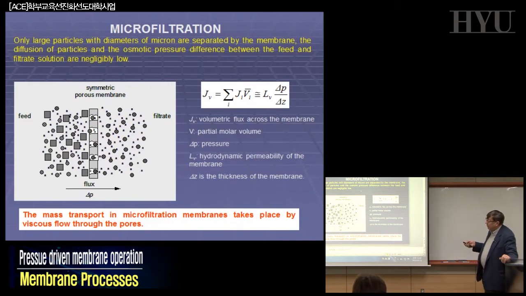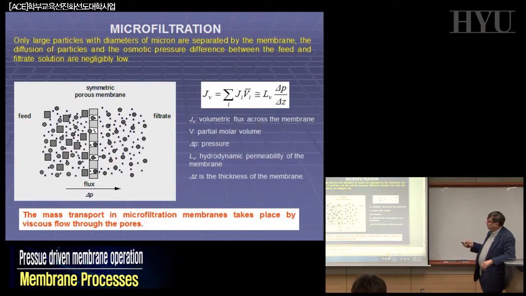Microfiltration, we remember already, first of all, membranes are symmetric, and normally they are symmetric and porous. If we are talking about a liquid solution where the solvent is water, these membranes have to be hydrophilic, microporous. But they can be just symmetric, no asymmetric behavior here.